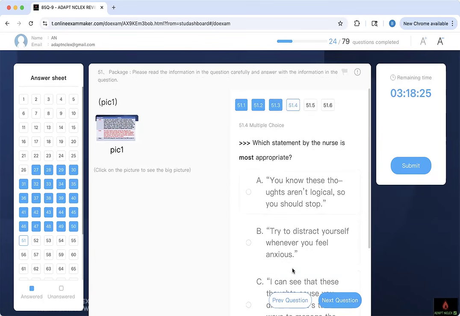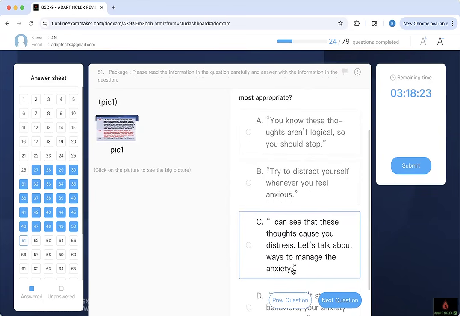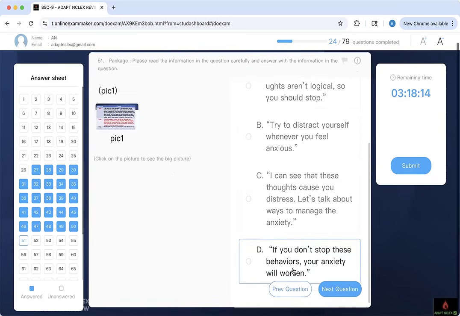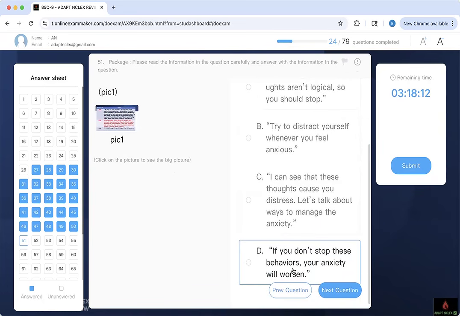Which statement by the nurse is most appropriate? You know these thoughts are not logical. You should stop. Is that okay? Therapeutic, right? Try to distract yourself when you feel anxious. Is that okay? I can see that this thought causes you distress. Let's talk about ways to manage your anxiety. Is that okay?